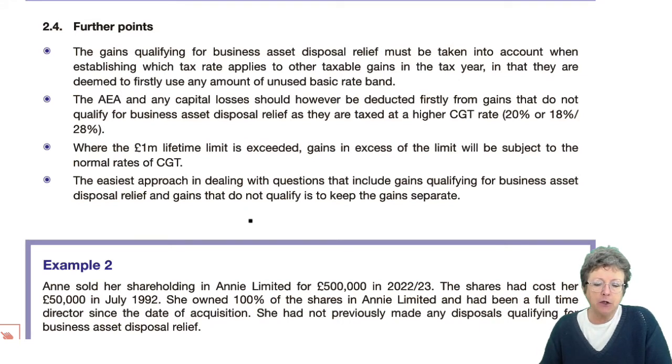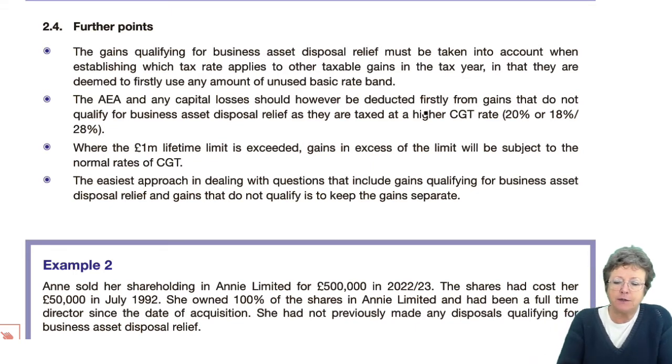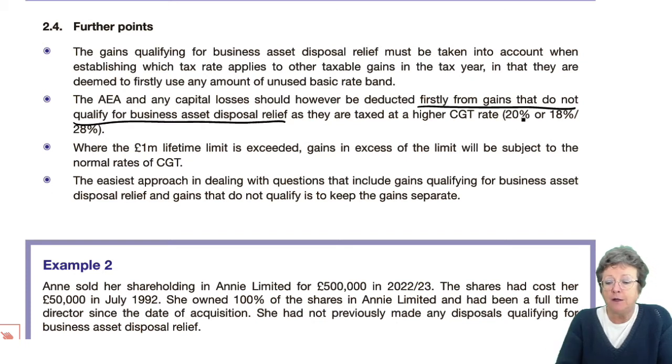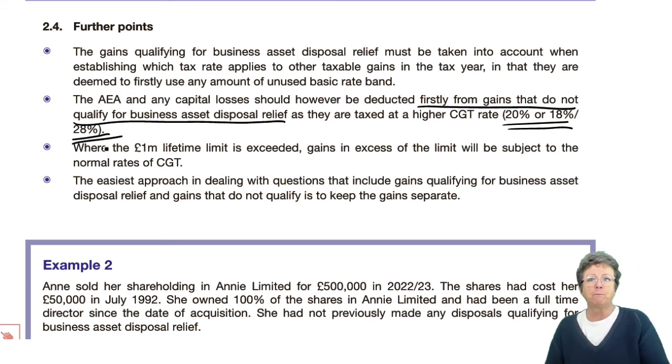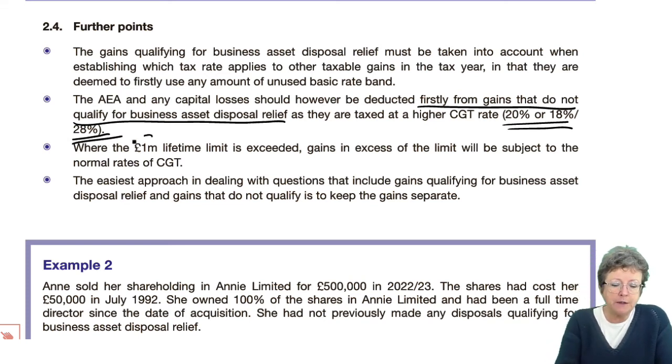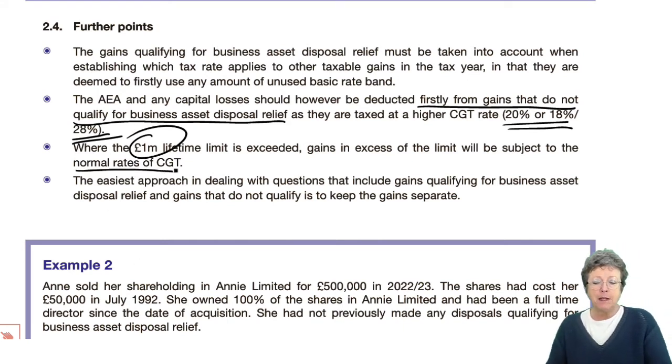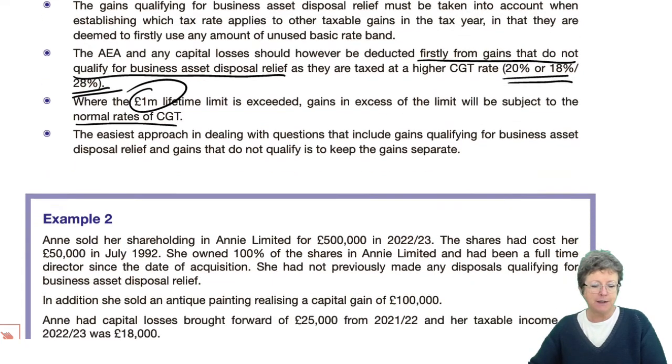AEA and capital losses should be deducted first against gains that are not going to qualify for business asset disposal relief, because they're going to be taxed at these higher rates. Sounds obvious, doesn't it? Okay. Once your limit has been passed, then you pay tax at the normal rates. If you're doing a question, you're going to need separate columns for this. Definitely going to need separate columns.